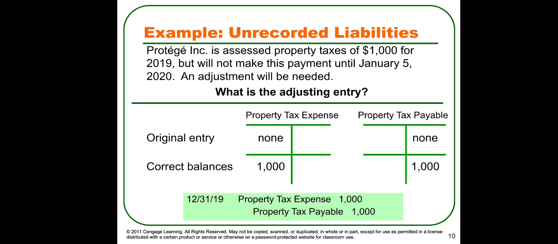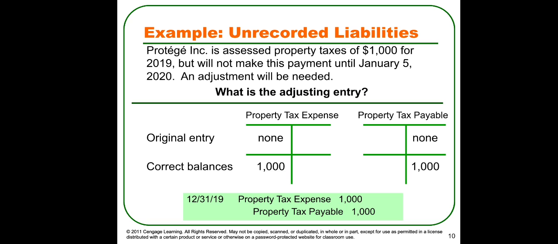When the business closes its account at 31st of December 2019, the business has to record the property tax expense of 1,000 in year 2019, because it happened in year 2019. So remember, when an expense increases, you have to debit the account. So the way to do the adjusting entry is debit property tax expense, $1,000. That is the first entry.